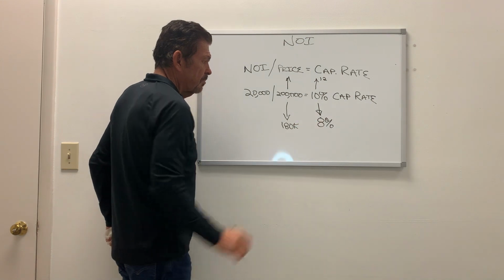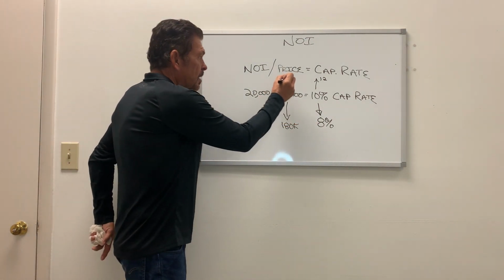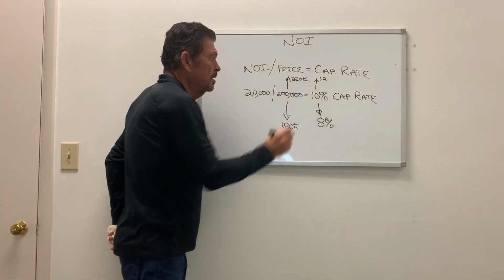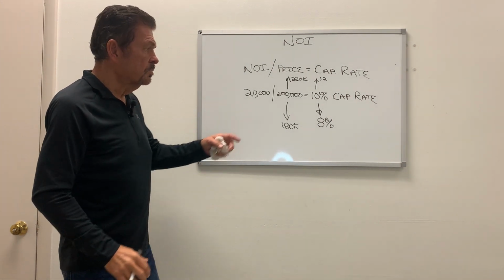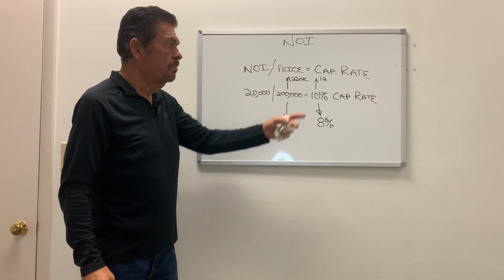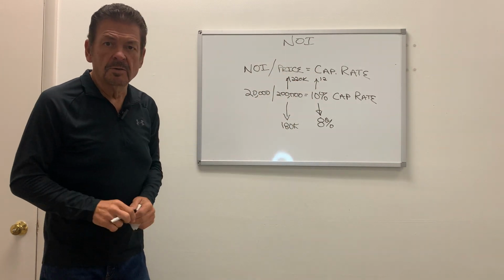On the other hand, if they wanted to get an 8% return, they might be willing to pay as much as $220,000 for that property. That's the inverse relationship. When cap rates go down, prices of real estate go up. When cap rates in society go up, prices in real estate go down.